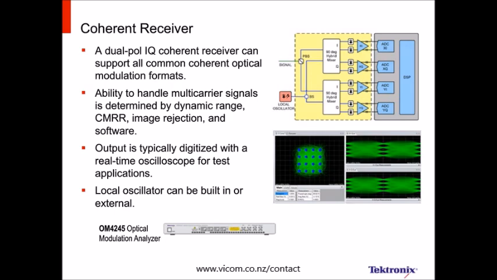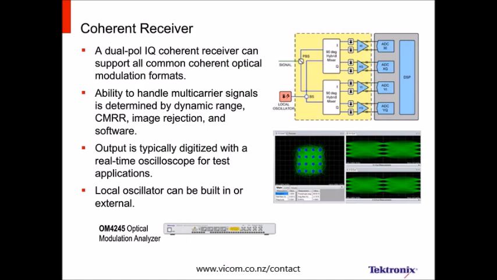So the quality of the local oscillator is important, how far it can tune, because the electric field from the local oscillator is going to mix with the electric field from the optical input signal, and you're going to get both the in-phase and quadrature outputs out of the mixer, because it can mix with both the in-phase and the 90-degree shifted local oscillator. And so these mixer products are all going to be signal minus local oscillator. So the phase will be phase of signal minus phase of local oscillator is what you're going to get over here at the mixer output.